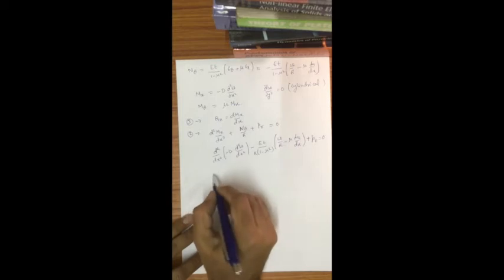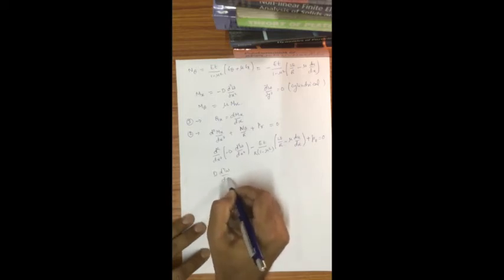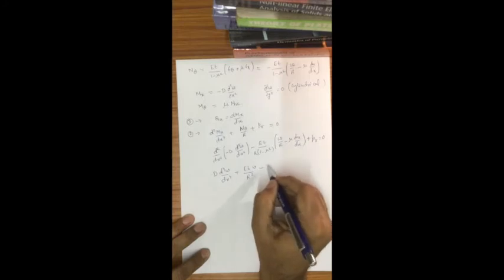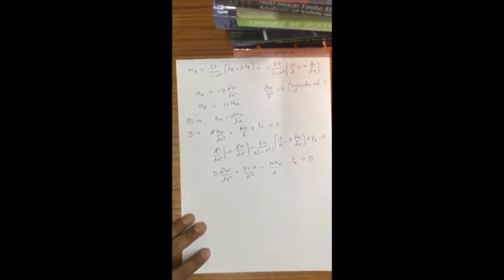Therefore I can simplify this as d4 w by dx to the power 4 plus Et w by r square, mu times Nx by r, minus pr equal to 0. So this is the simplified equation which we have obtained.